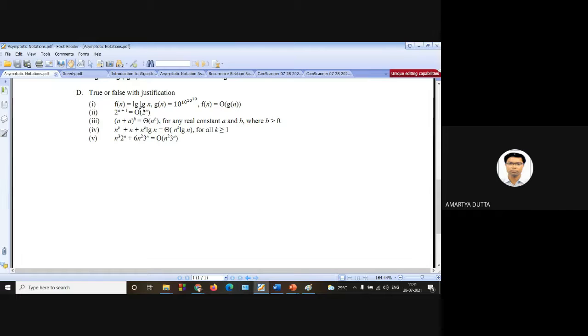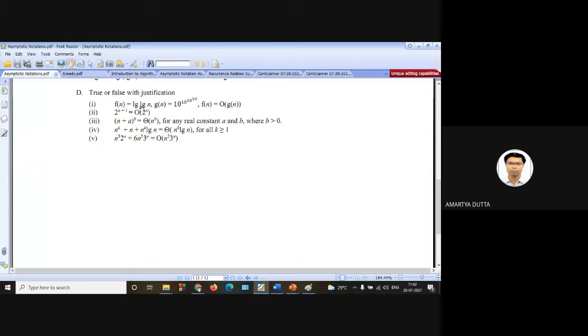So while comparing any two functions, you have to be sure that these are functions of n, where Gn is a constant and Fn is log n. So Fn is big O of Gn would show that Gn is the fastest growing term and an upper bound of Fn. It is false because 10 to the power 10 to the power 10 to the power 10 is a constant term.